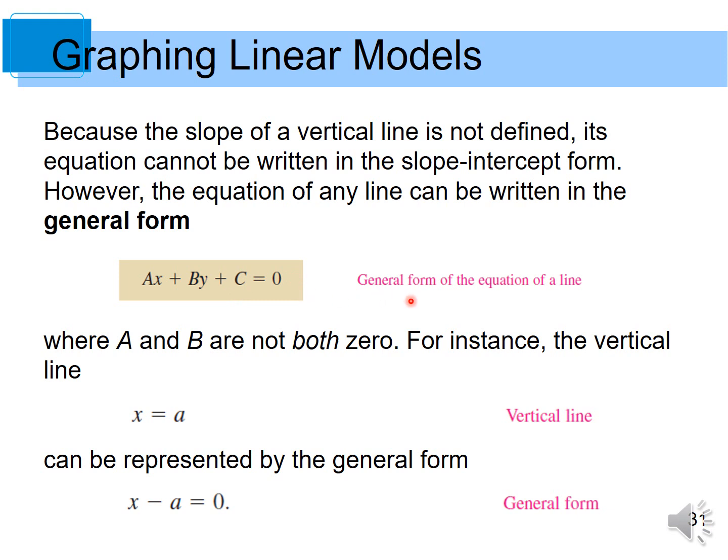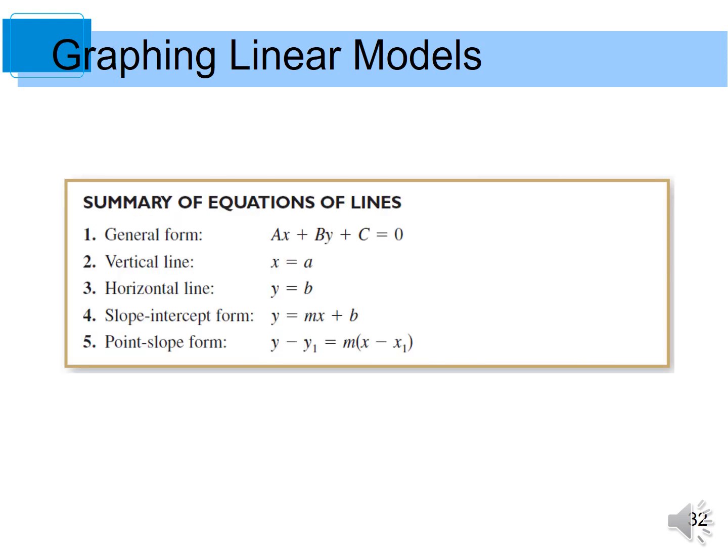So we call it general form. For example, this is a vertical line x equal to a, where a is a constant. It can be represented by the general form. You move the a to the left side, so x minus a equal to 0. So we obtain general form.